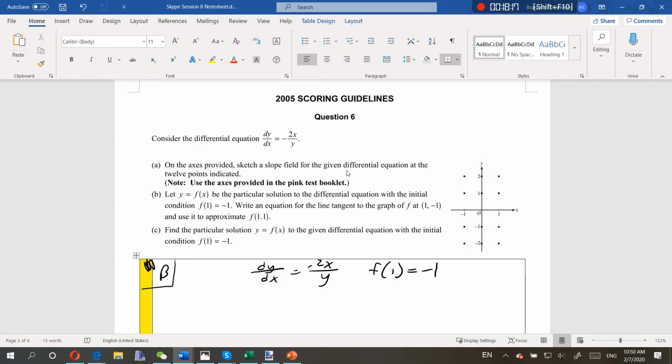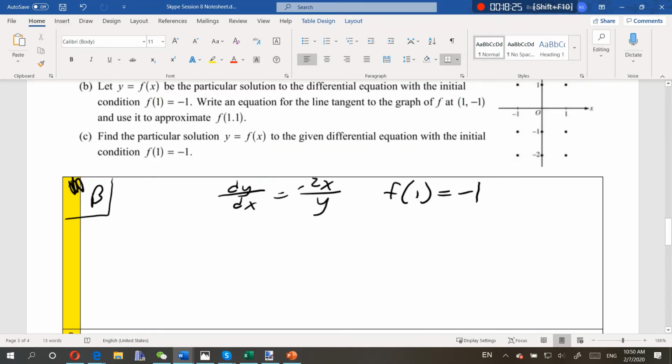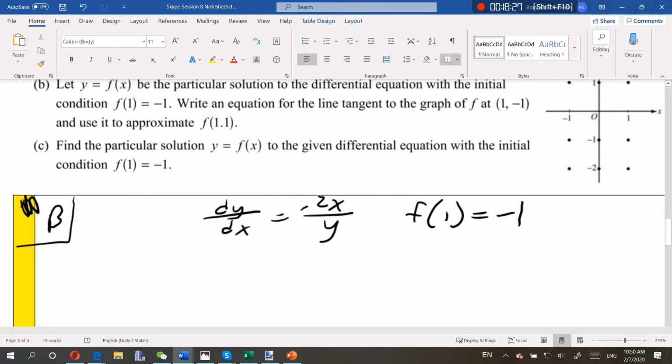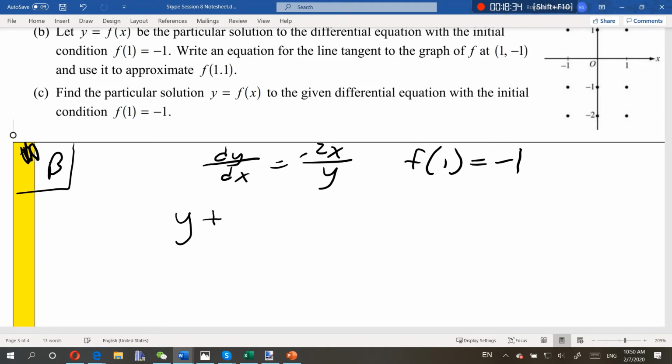Okay, if I wanted to write an equation for the tangent line, what would I have to do? y plus 1 equals negative 2x over y.